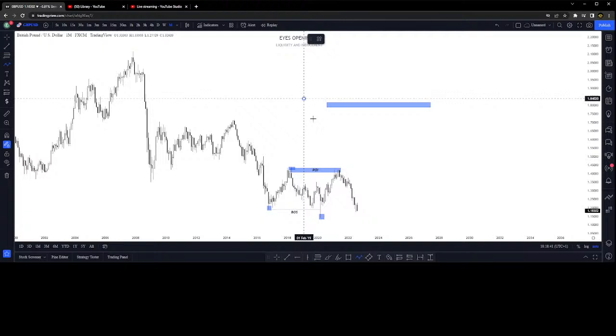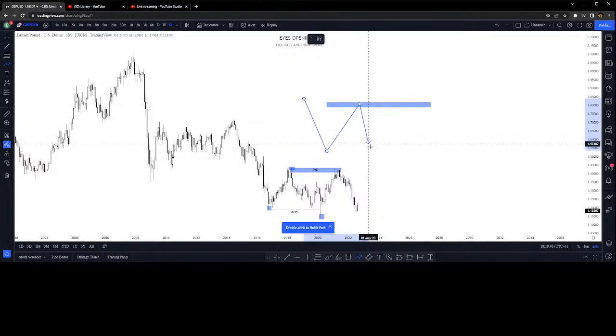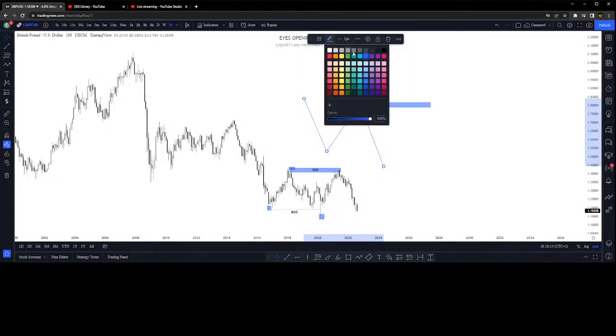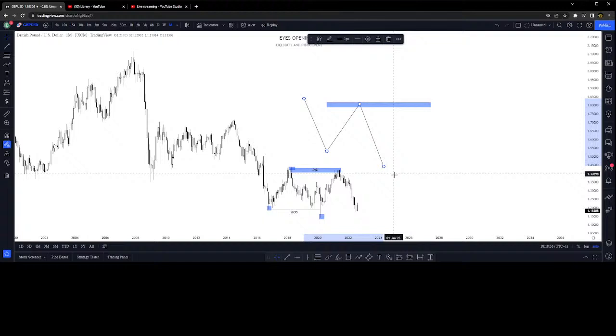Now let's take for example, this is a lower low, here a lower high is created, so you expect the market to create a lower low from here. Let's make it clean, I prefer black. All right, cool. Now this is our POI.